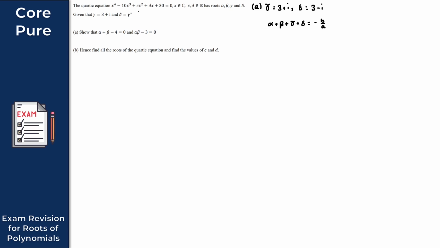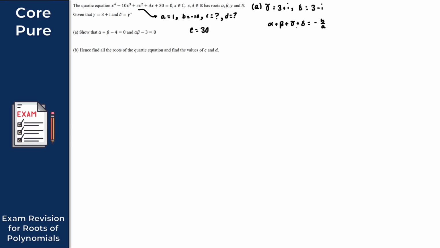Also, let's quickly note that a is equal to 1, b is equal to minus 10, c, well, we don't know what that is, same again for d, and finally e is equal to 30.